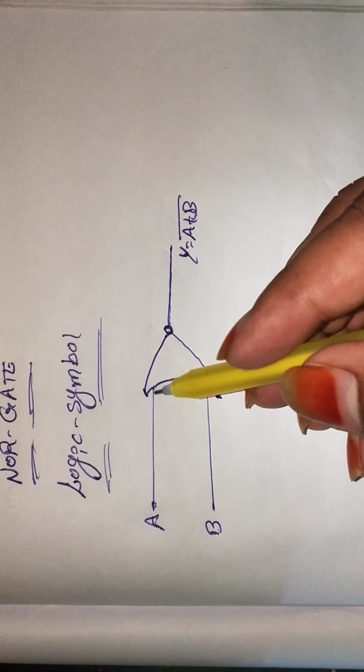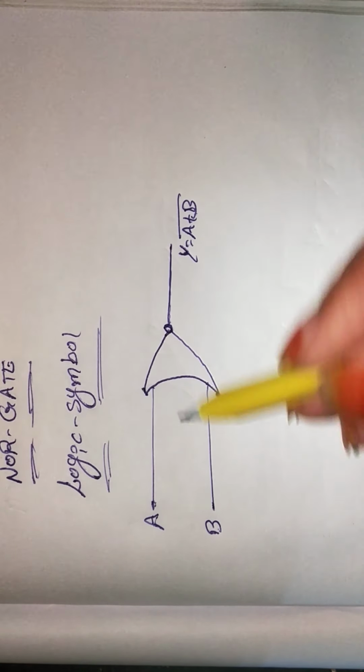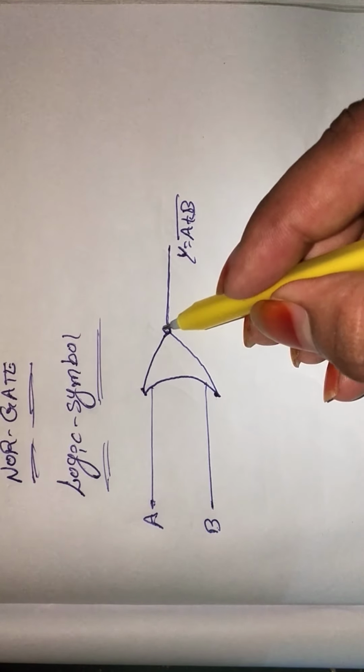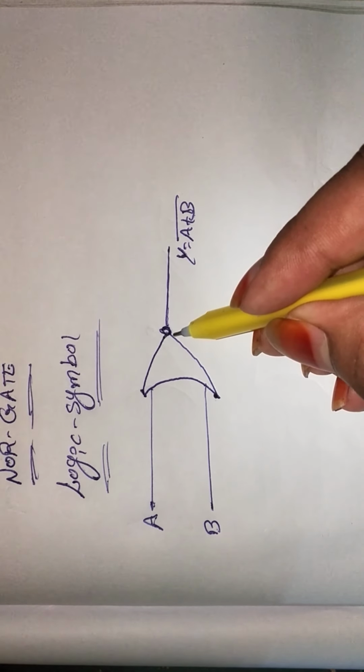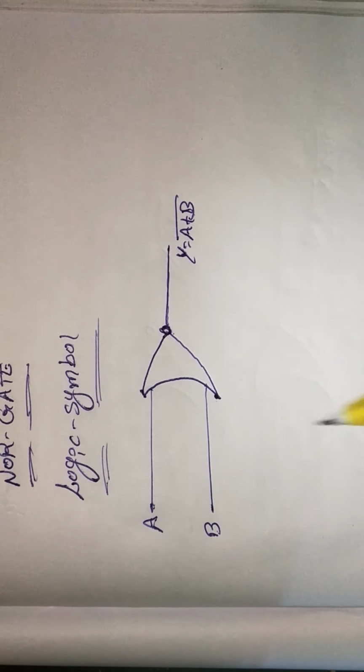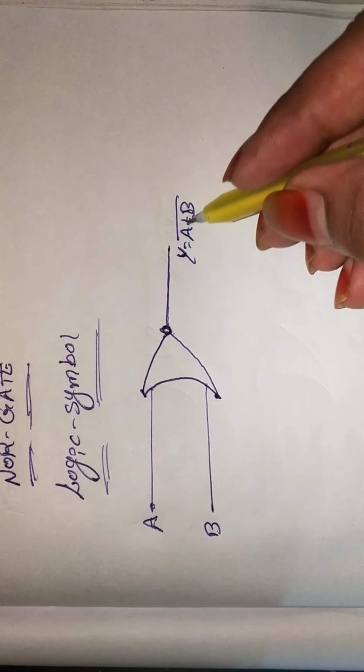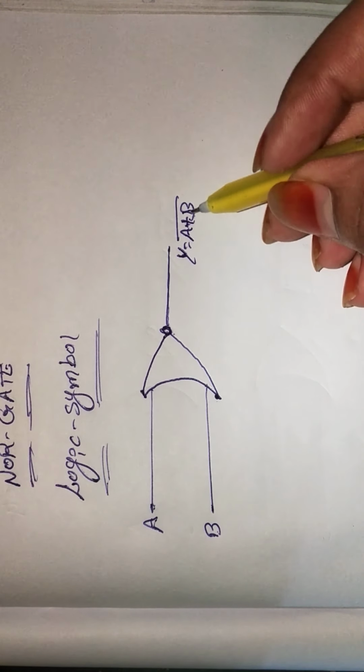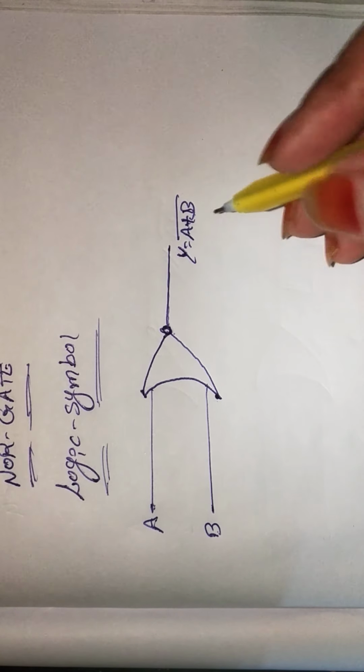Here we can see that the logical symbol is like the OR gate, but the bubble is there in the output. So y equal to a plus b whole bar. Here a plus b whole bar is the addition of complement.